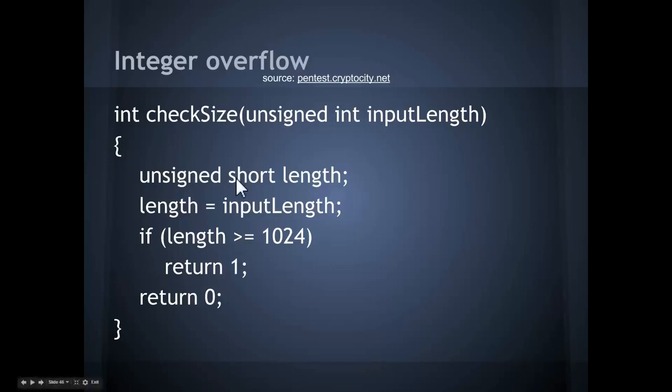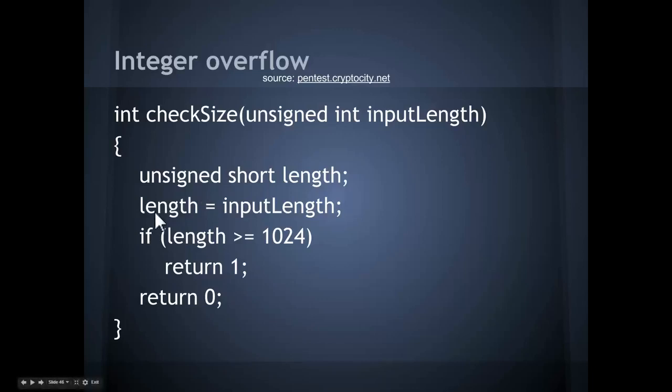So in this case, what we're taking in is an integer, and we have this temporary value that's a short, and we're putting the integer into a short, so that's truncating it. So that's losing information, and perhaps we're looking for things that are greater than 1024, and if that's a problem, we'll return 1.